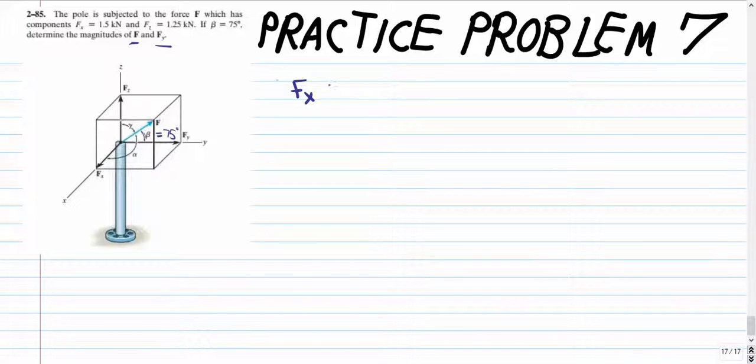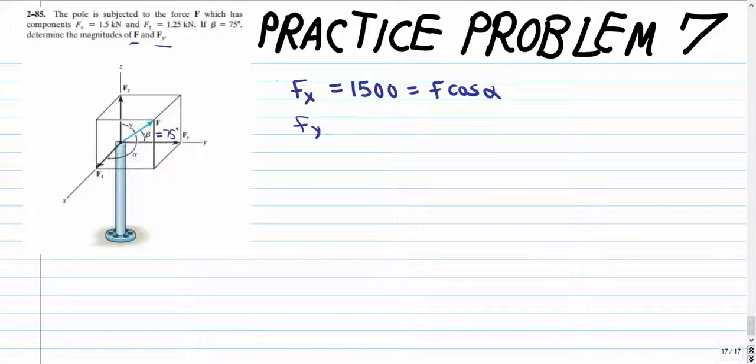So Fx is equal to, they have given us the value for the component along the x direction, and that is 1.5 kilonewtons. I'm going to write 1500 newtons. And this is also equal to the force F cos of the angle between the force F and the x-axis, which is alpha.